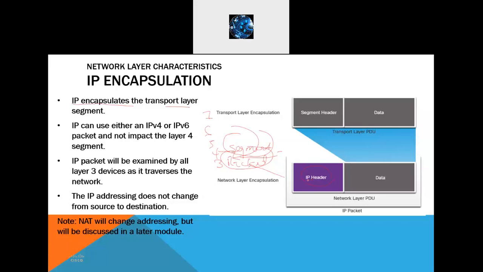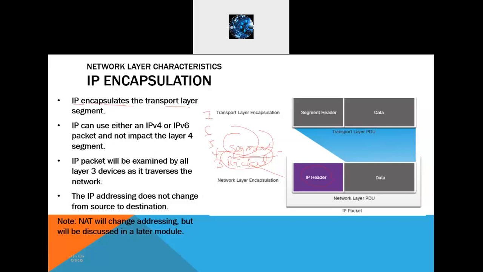So why do we need that? If we don't have that, the message cannot travel from source to destination, because all of this needs to be completed. Source MAC address needs to be there, destination MAC address needs to be there, source IP address needs to be there, destination IP address needs to be in the message before the message can travel from source to destination.